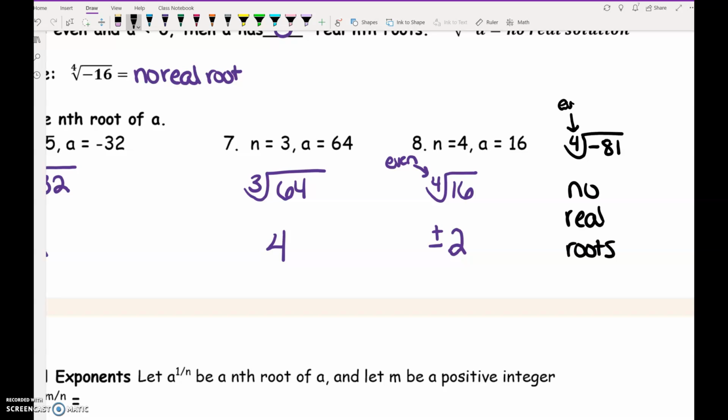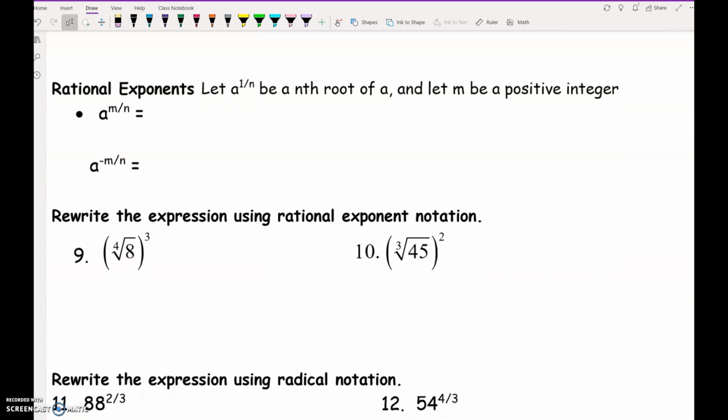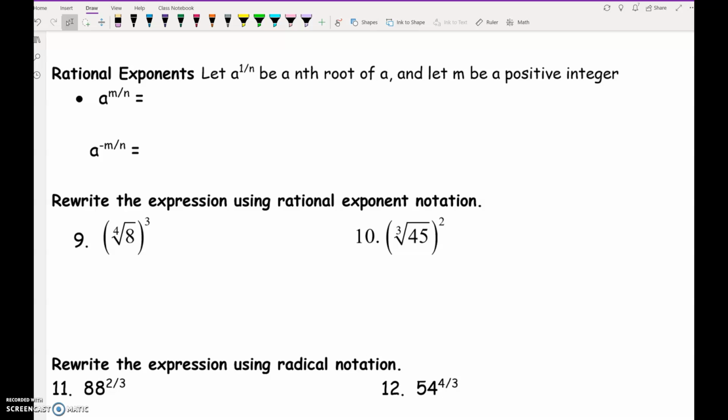Because the index is even, you can't have negatives under the radical. So before you start, you should think about, okay, wait a minute, can I have a negative under the radical or not? If you can, then go ahead and try to evaluate it. If you can't, because it's an even index, then just say no real roots and you're done.